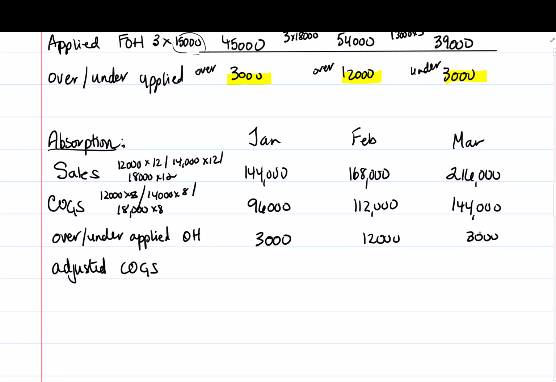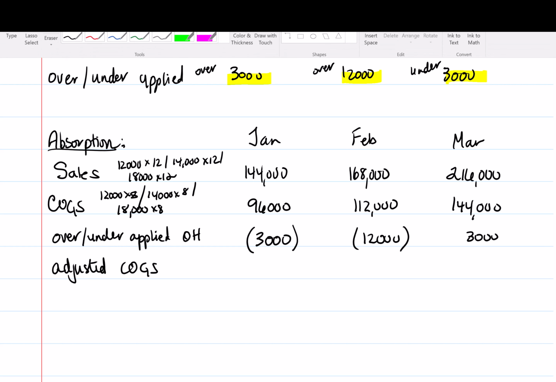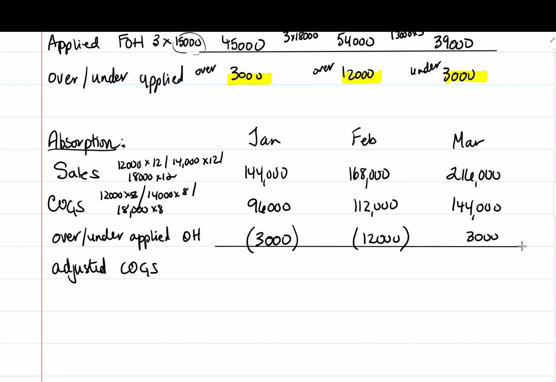Over applied means we're going to deduct it from our cost of goods sold. Under applied means we're going to add it. So we get $93,000 for January, $100,000 for February, and $147,000 for March.